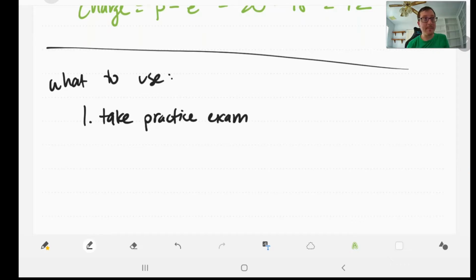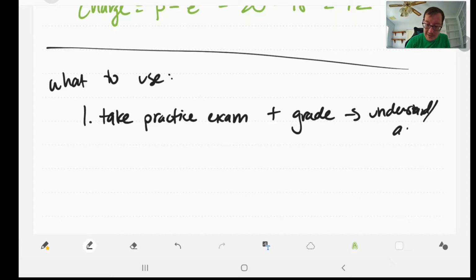do the practice exam and grade it, and then understand or ask why things weren't correct, because the key is up as well. So you want to look at your answers and do that.